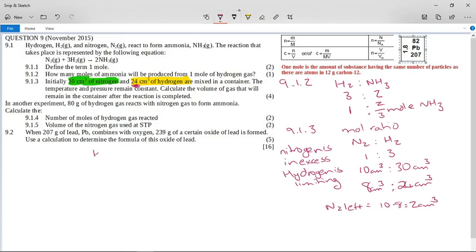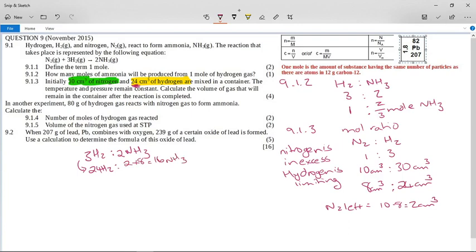So if the hydrogen is in charge because there's not enough of it, we need to look at the hydrogen's relationship with the ammonia, because you can only make as much ammonia as you have hydrogen. So these are in the ratio of 3:2. So if we've got 24 hydrogens, okay, then if we have a look here, 3 times 8 is 24. So this must be 2 times 8, which is 16 ammonia.